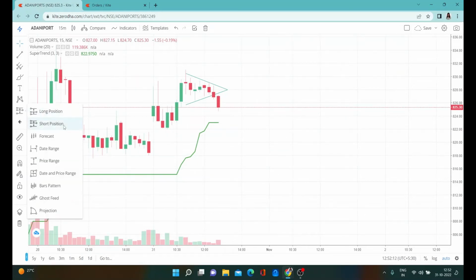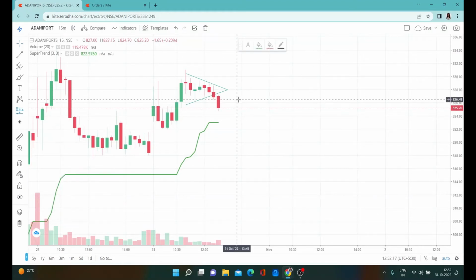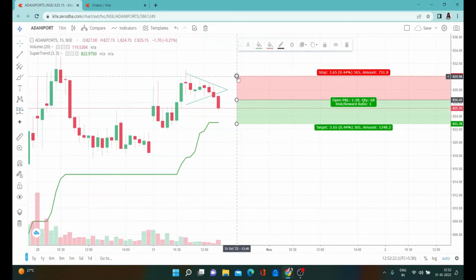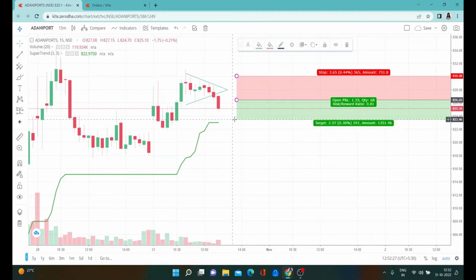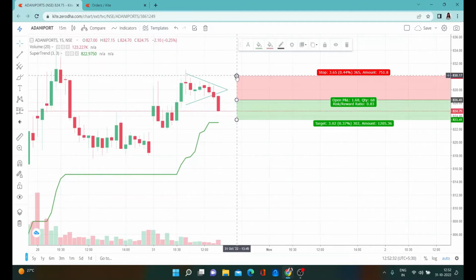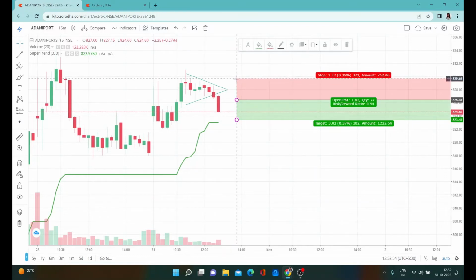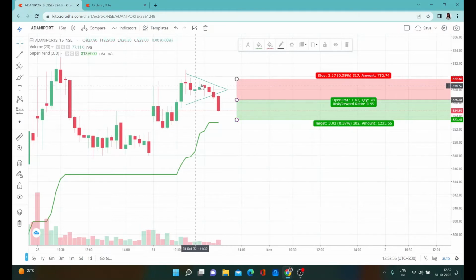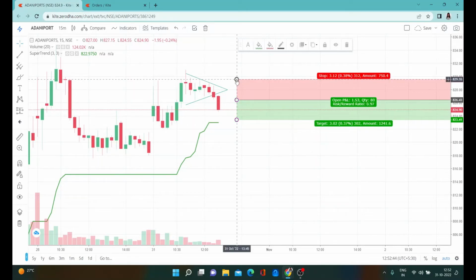Alright guys, let me show you how I will plan my short position. I've taken my entry at 826.4, right? So my target would be 823.4, which I've already placed. I need to set my stop loss, which would be above the wick of this green candle. Let it be 829.55. Should be good.